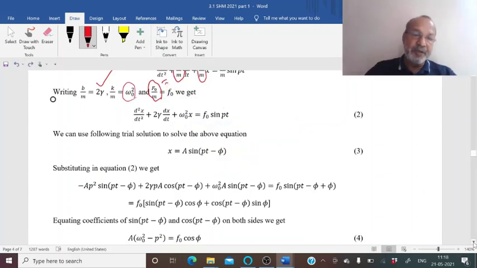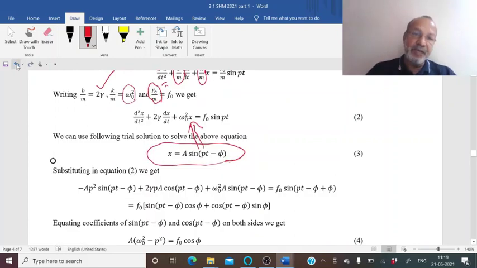Now let us substitute this trial solution x equals A sin(pt minus phi) in this differential equation. Then we will get many terms on the left hand side, and on the right hand side we have f0 sin pt. For manipulating this term, we add and subtract phi here, so that it becomes sin pt again.